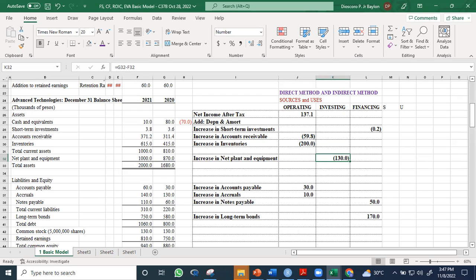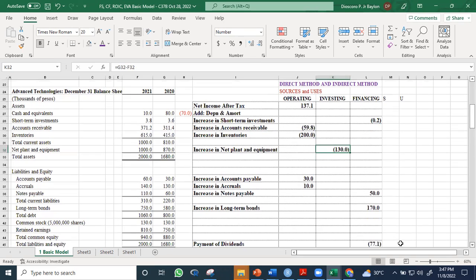All right, the others, you have your accounts payable and accruals. These are both operating. And then there was an increase 30 to 60, 130 to 40. Ang liabilities pag nag-increase, source of cash yan. Si notes payable will fall under financing kasi interest bearing siya. Nag-increase si notes payable, liability siya.